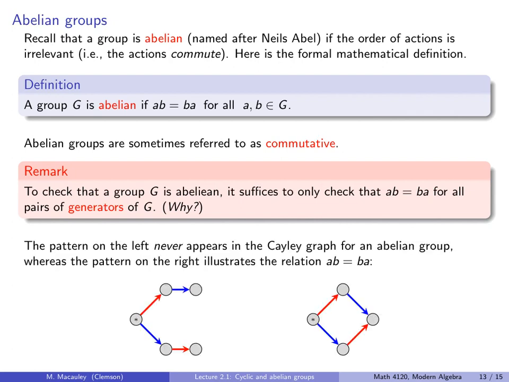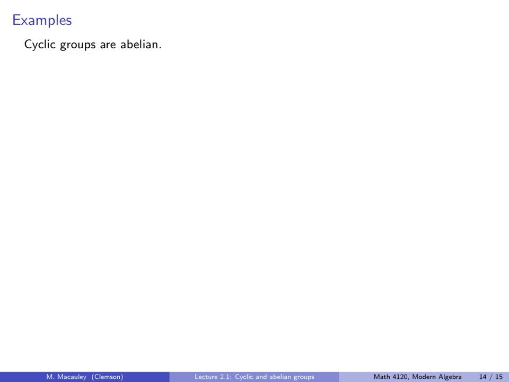The pattern on the left never appears in the Cayley diagram for an abelian group, no matter what your choice of generators is. Whereas the pattern on the right illustrates the relation that AB equals BA. So Cayley graphs of abelian groups are going to have all sorts of patterns like this in them. So a few examples.